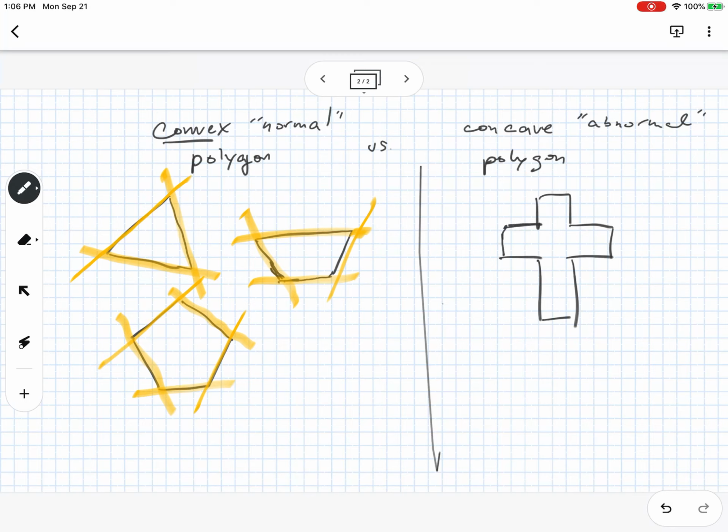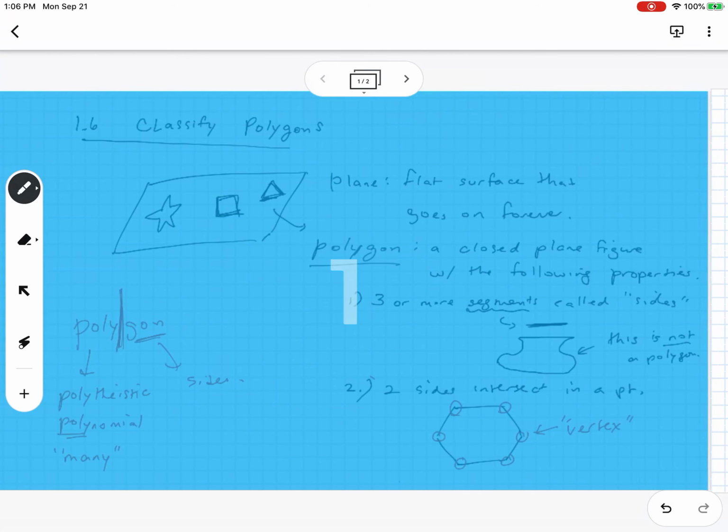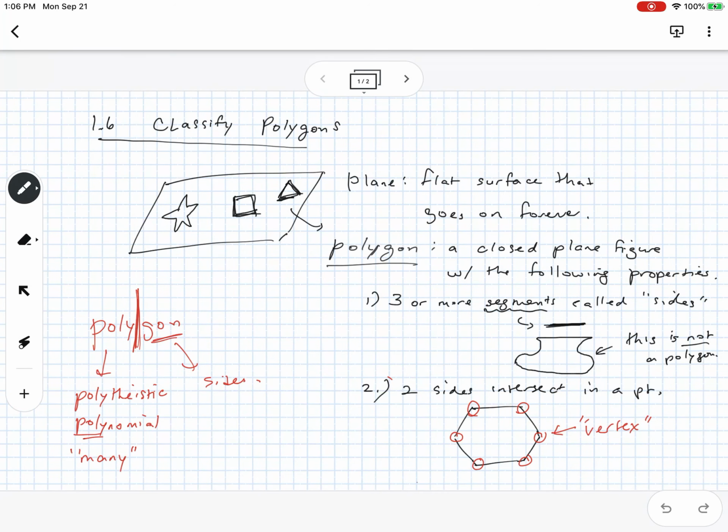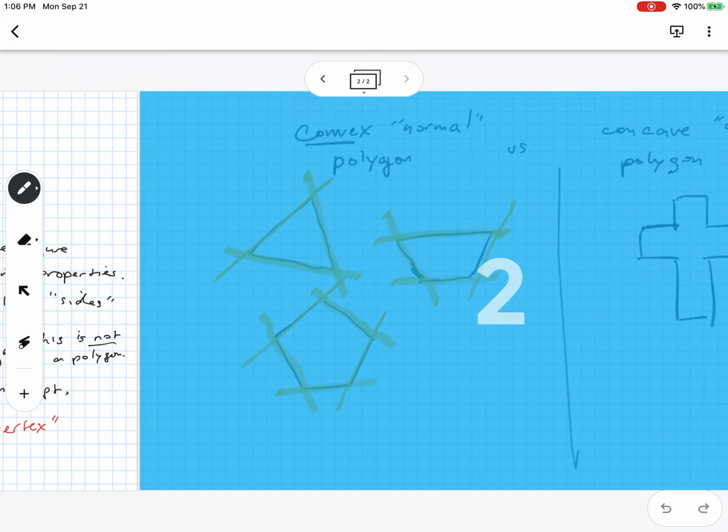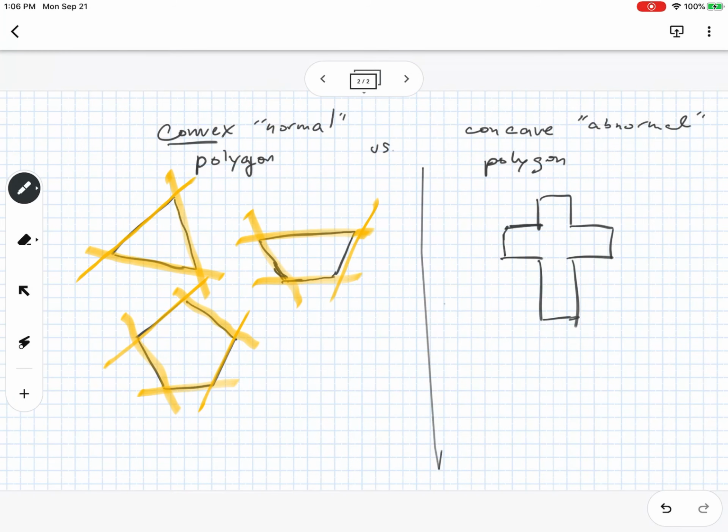Let's say we drew a cross. It looks like a polygon because according to our definition, it has at least 3 or more segments called sides, and 2 sides intersect in a point. We see all the straight sides, we see all of them intersecting in a point, and so that appears to be the case, but this one we would actually consider to be concave.